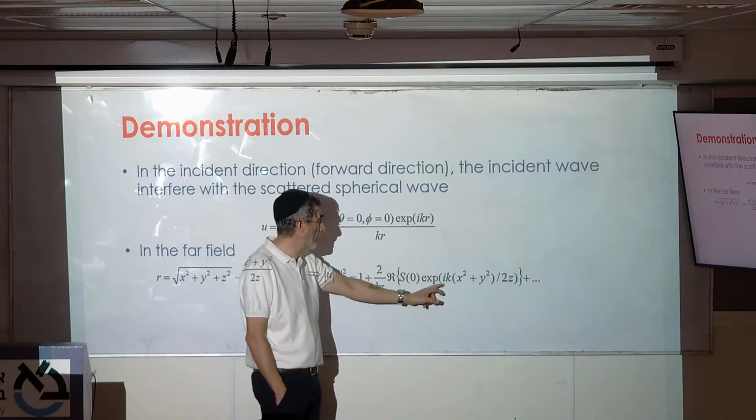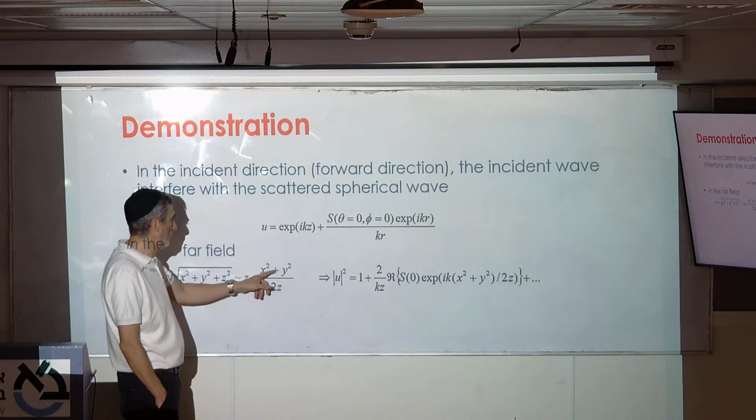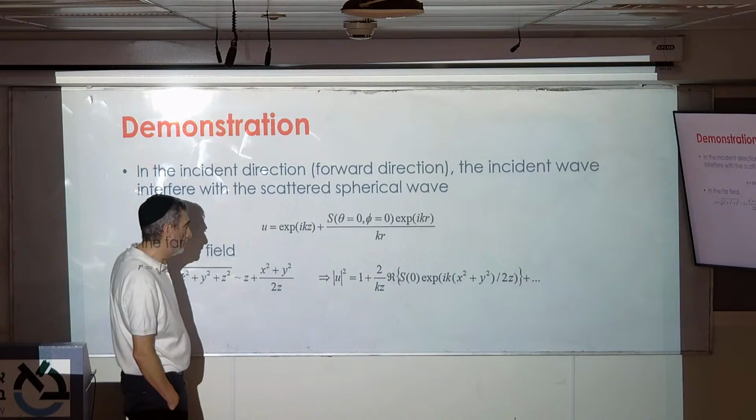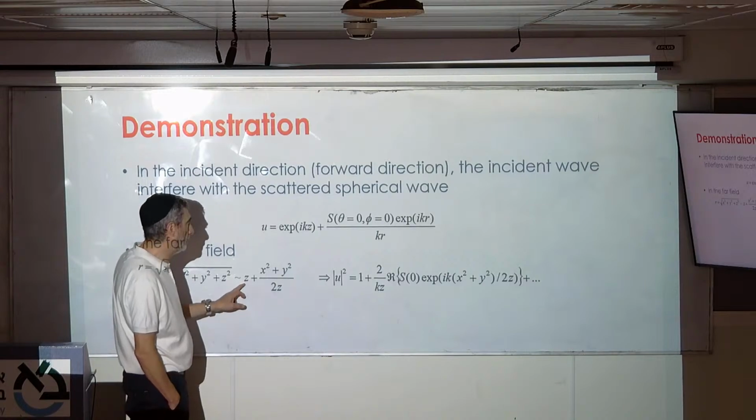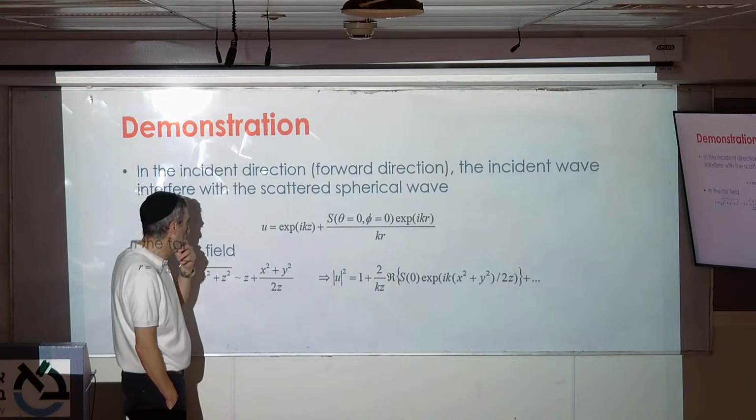Why do I take the real part here? Because this is the double product, so you get actually twice the real part of it.